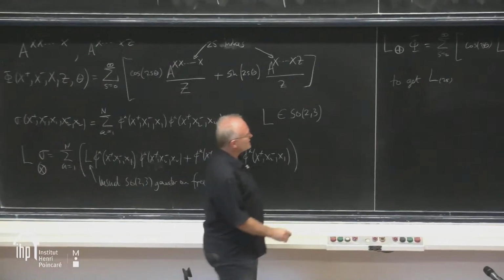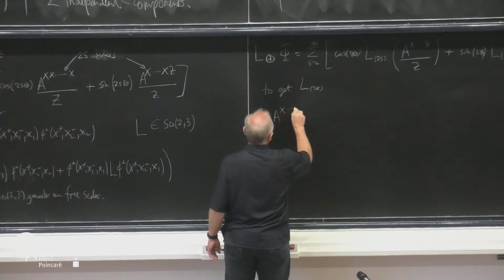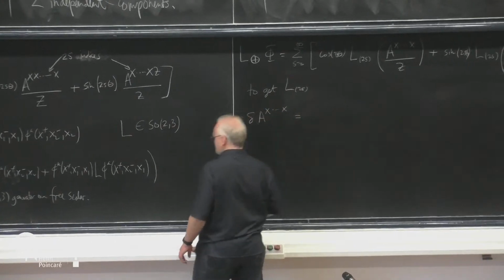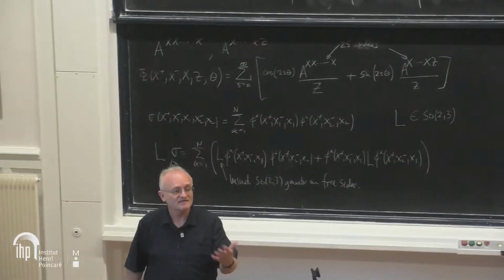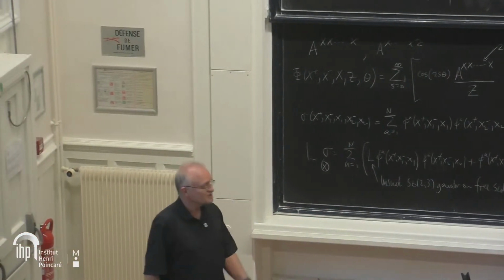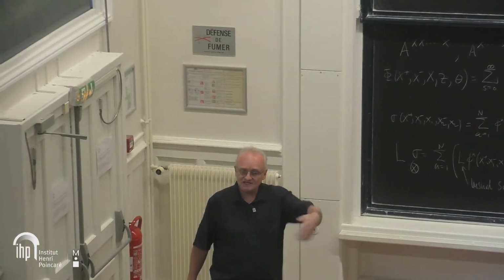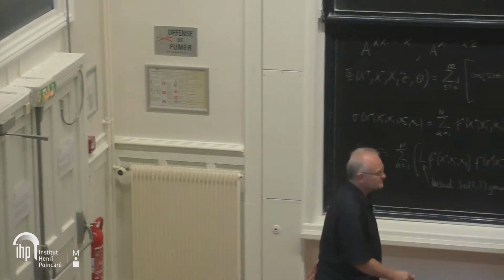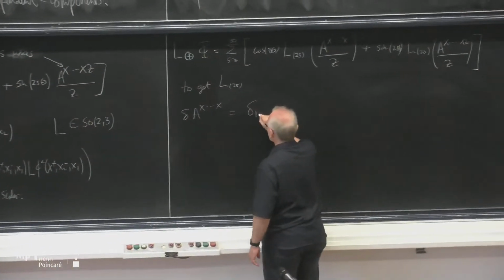The transformation of the gauge field, SO(2,4) is an isometry in your space-time. So for each SO(4,2) generator, you have a Killing vector. And you can use that Killing vector to generate the transformation of the gauge field. So let me call this delta isometry.